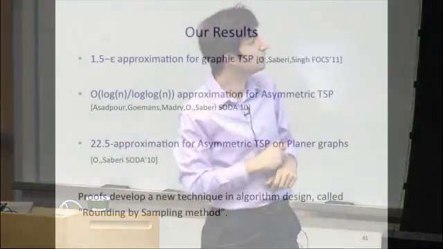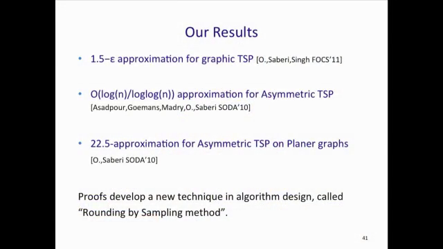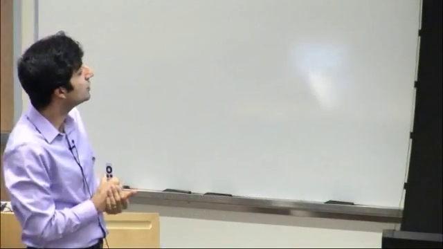So what did we do? Here is just a summary. In a joint work with Saberi and Singh, sitting here, we managed to improve Christofides to a 1.5 minus epsilon approximation for a canonical important special case of TSP called graphic TSP. In a joint work with Saberi, Gharan, Madry, and Asadpour, we managed to improve the log n barrier for asymmetric TSP and improve it to log n over log log n.